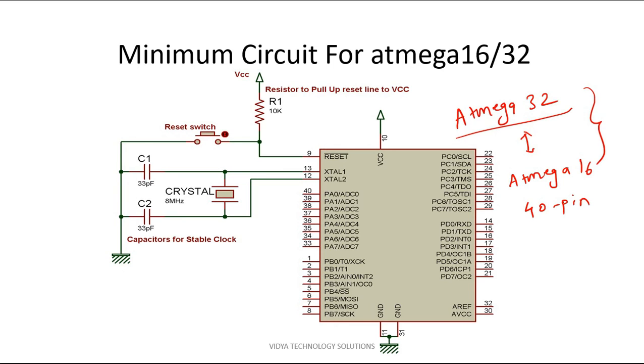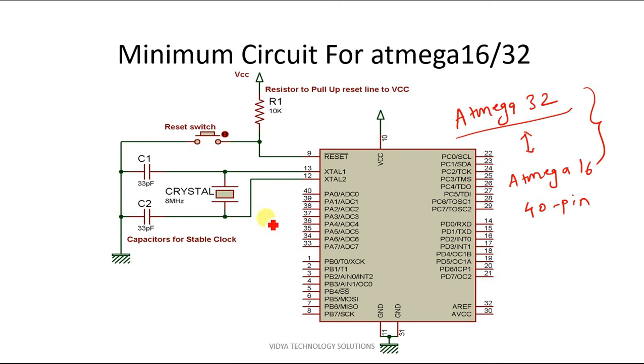However, please note that throughout this course and every single video in this course, Atmega16 and Atmega32 can be used interchangeably. So there is no difference at all whenever you are referring to either Atmega32 or Atmega16. What is shown over here is a minimum operational circuit diagram to make the Atmega32 work for you.